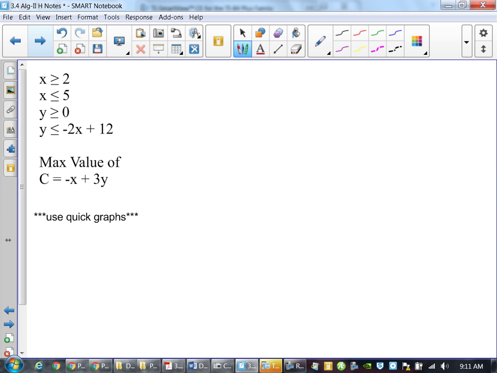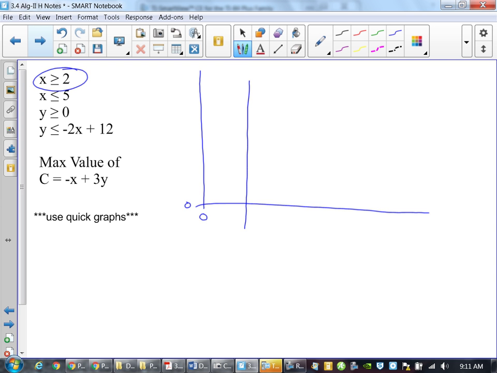Of those, we know that y is greater than or equal to 0, so it's going to be moving up. If I throw an x value here at 0, I know I'm not going to have to worry about it because I'm going to start at 2. So this is at 2, 0, and it's going to the right. Are we okay with that?